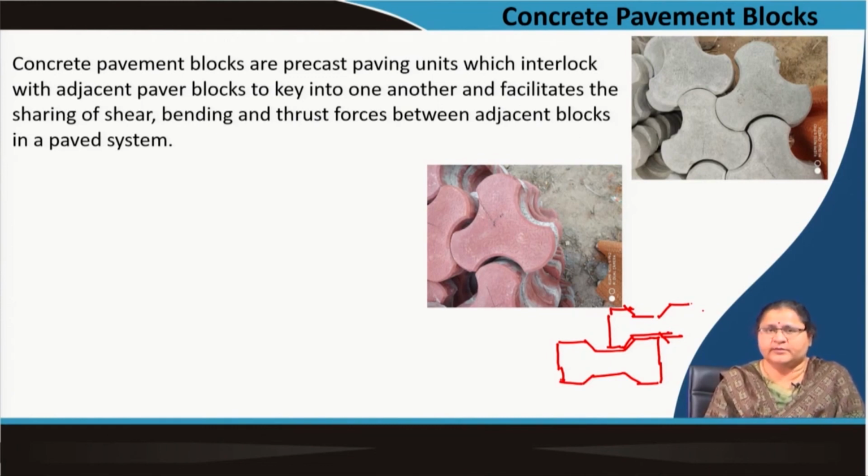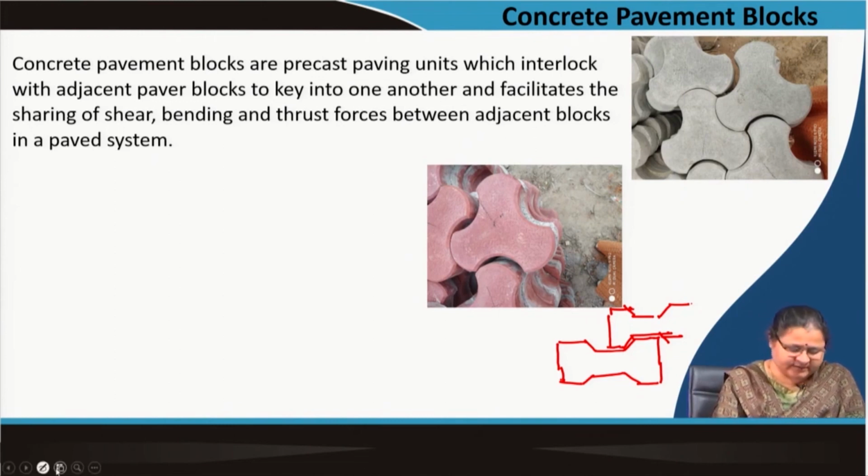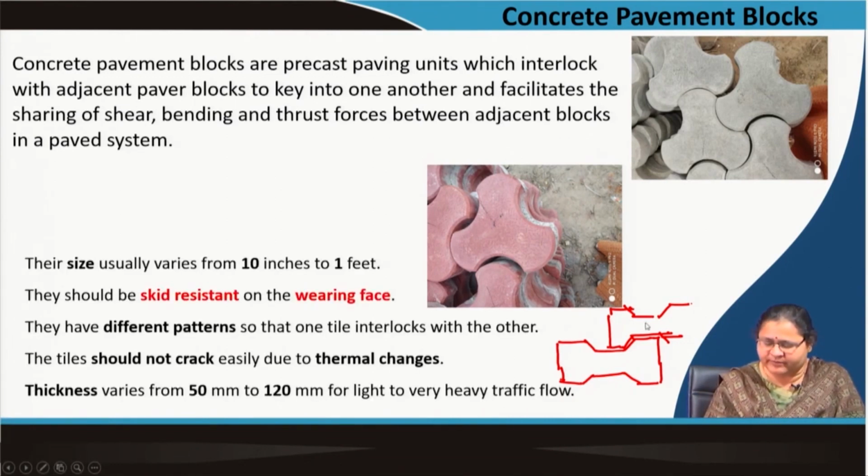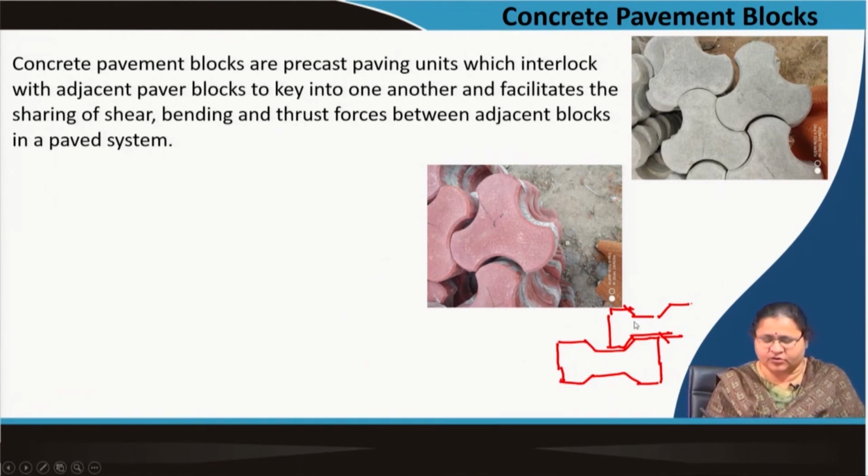Here you see the pattern has changed to a more or less triangle with circles. So, you can generate various such shapes, but you have to remember the principle is interlocking. Why interlocking? So that you get a smooth finish with no gaps, no joints also, and you can get a continuous surface.